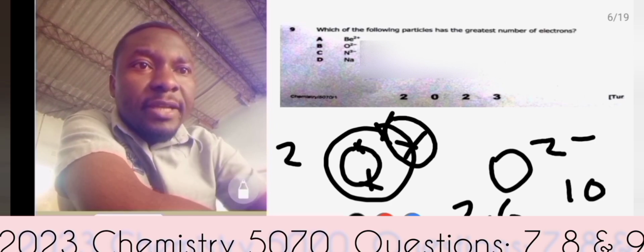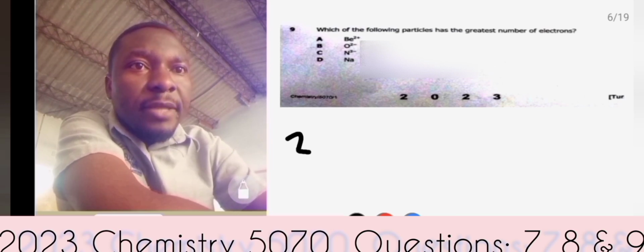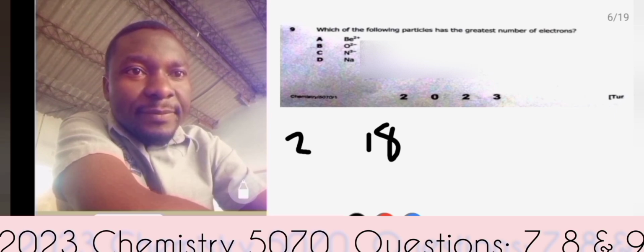So we find that A is showing the particle with how many electrons? 2. B is showing that particle with 8 electrons, 10 electrons altogether, 8 in the last shell and 2 in the first, so 8, 10.